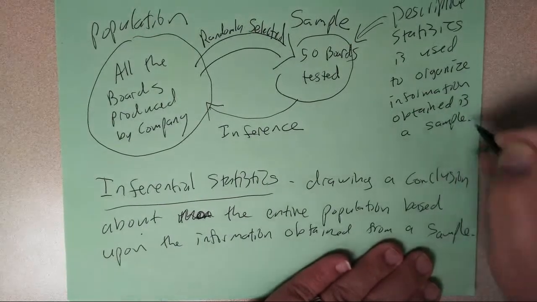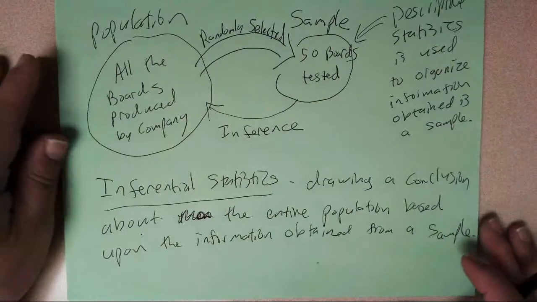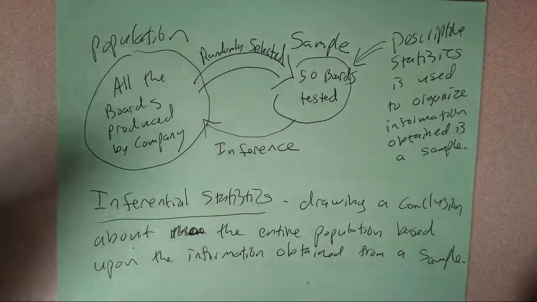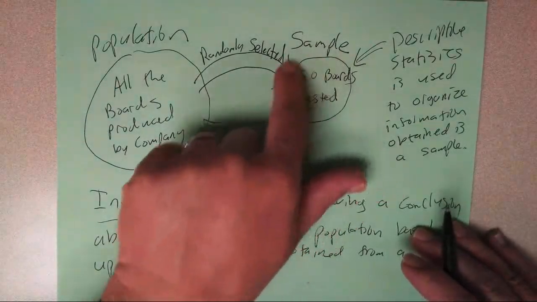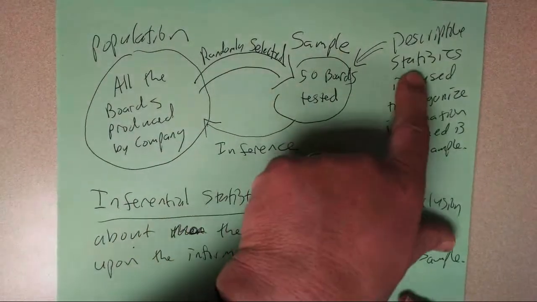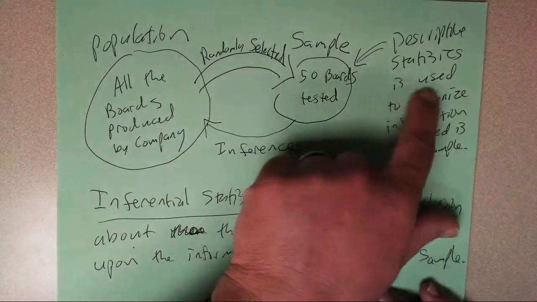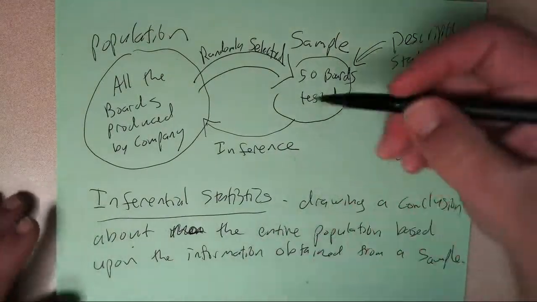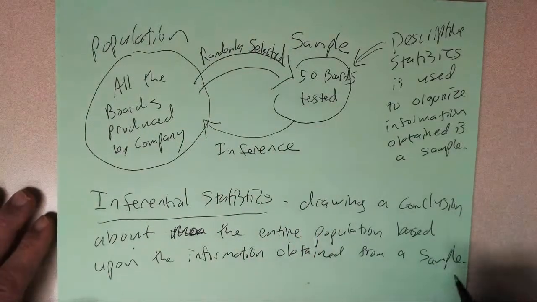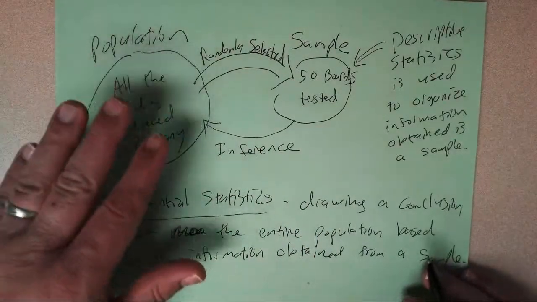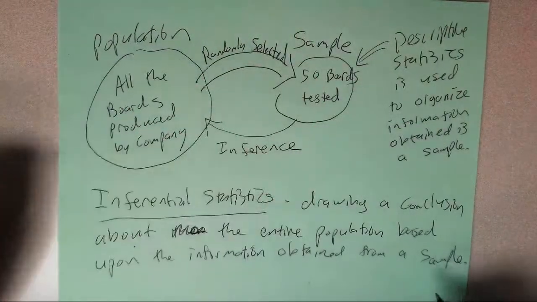When you pull out a sample, it may have more than 50 values. A sample could have 5,000 values or even more. So you have to organize the information in a sample, and that organizing is the descriptive statistics. Then inferential statistics is where you go back and draw a conclusion about the population based upon the sample.